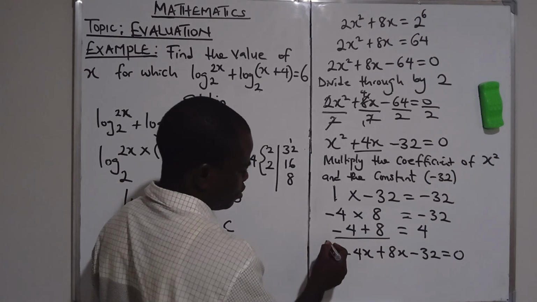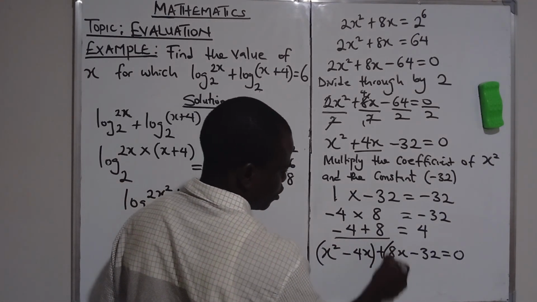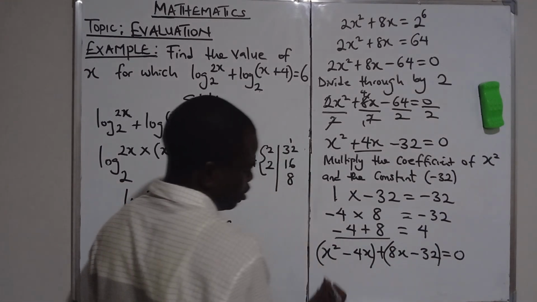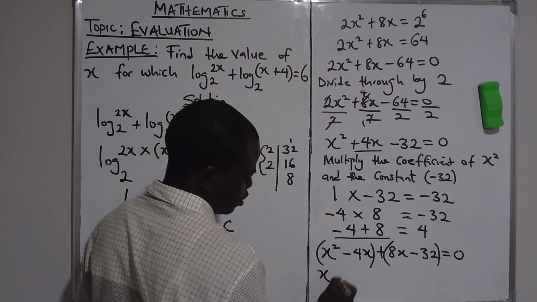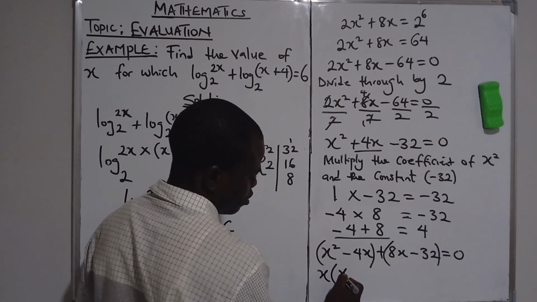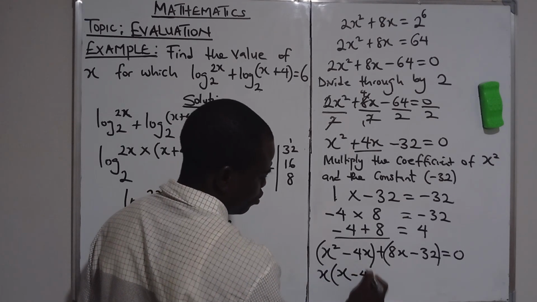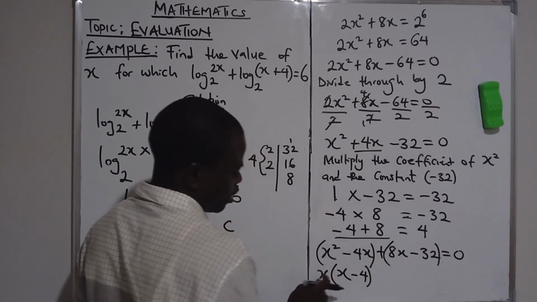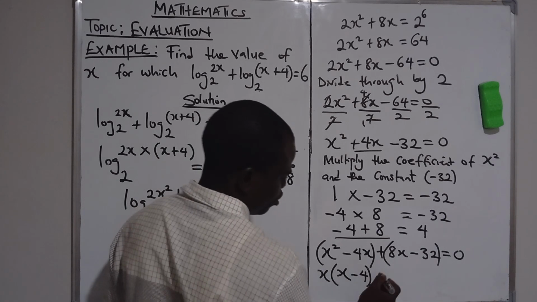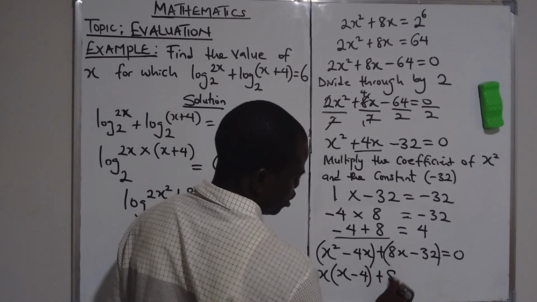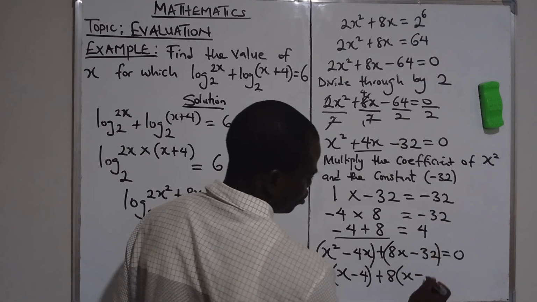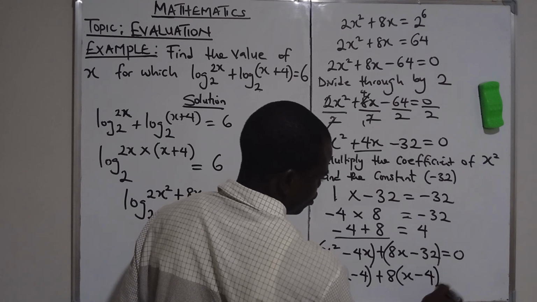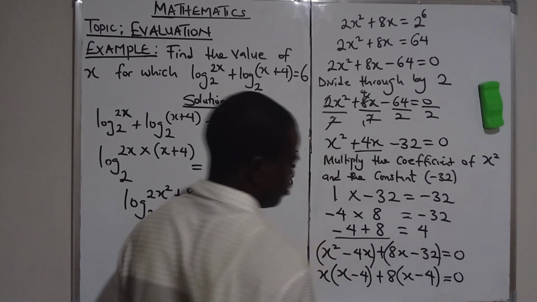Now let's factorize. What's common between x squared and minus 4x? You're having x into x minus 4. The x has been factorized out, plus what's common? 8 into 8x, and 8 goes in 32 four times, so minus 4, equal to 0.